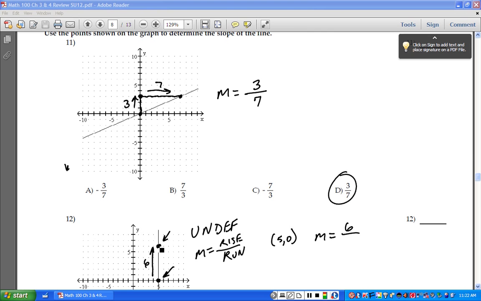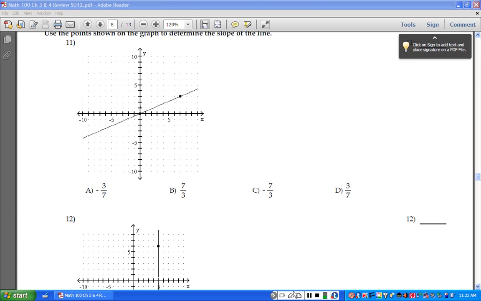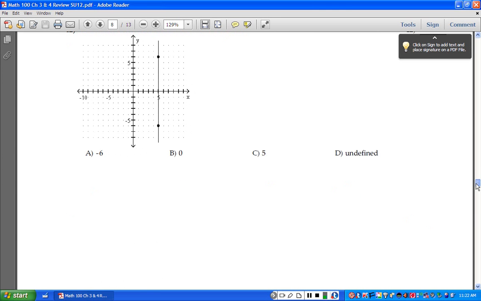When I went up 6, I'm on the point, so I can't go right, I can't go left, so my run is 0. And we already said anytime 0 is in the denominator of a fraction, undefined is your answer. So for number 12, your answer should be undefined.